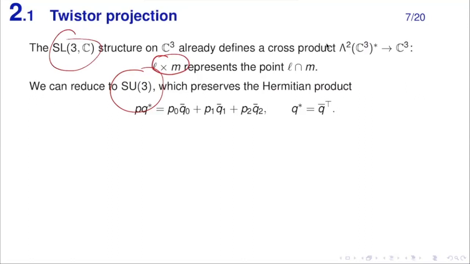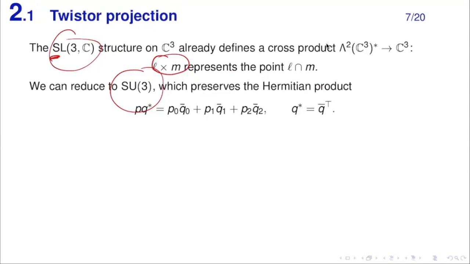The cross product of 2 column vectors is a row vector, and that operation makes sense because we have this SL3 structure, or the cross product of 2 row vectors is a column vector. That's the obvious fact geometrically: if you have 2 lines, you can look at their point of intersection. So the cross product just defines the point of intersection.